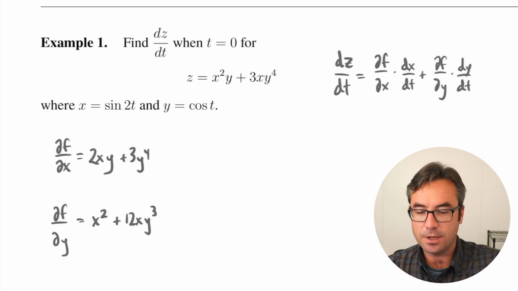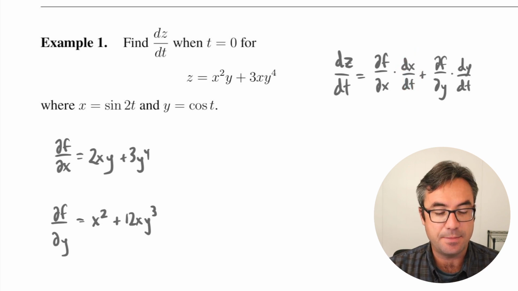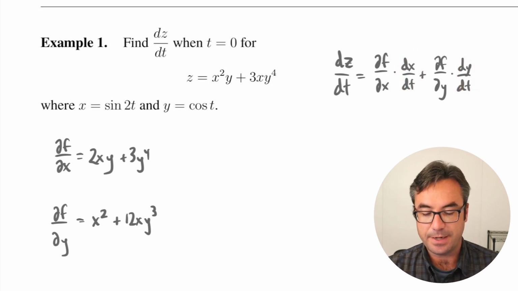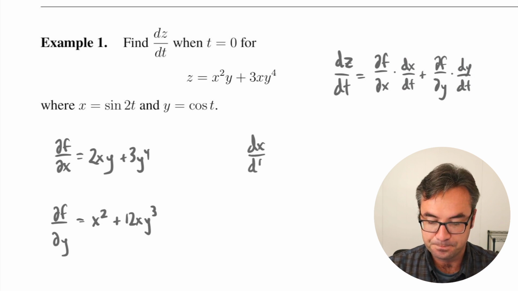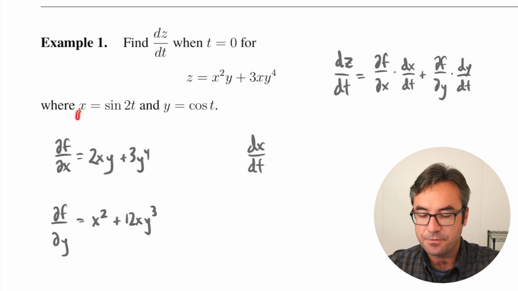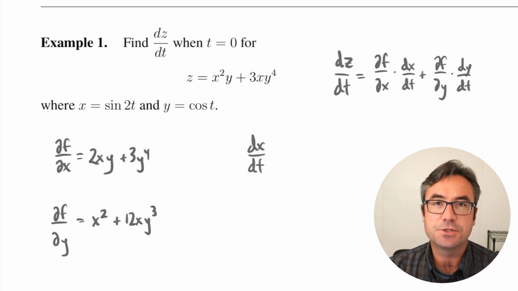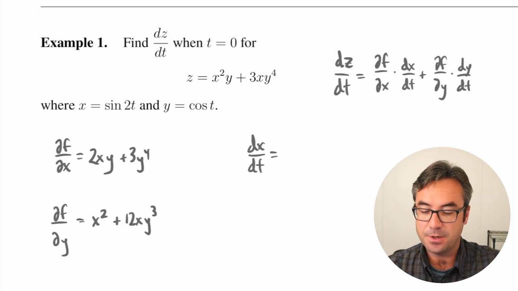And we're also going to need, what else? Well, we're going to need our x derivative with respect to time and our y derivative with respect to time. So let's get those going. Our function here is x equal to sine of 2t. So the derivative of sine is cosine.